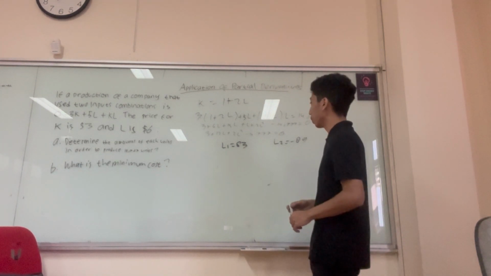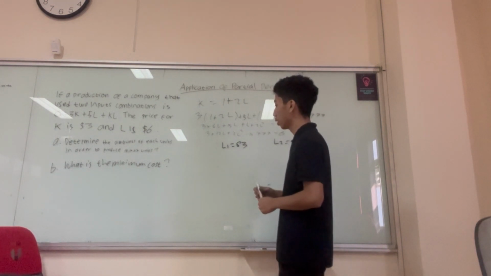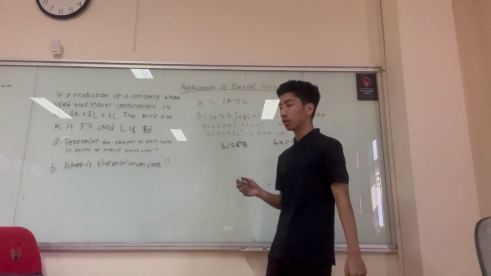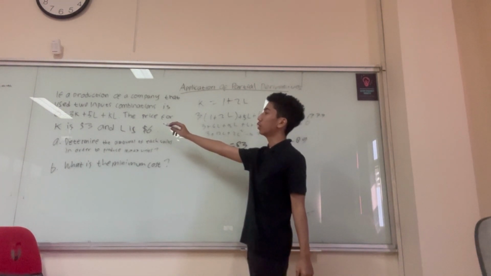Okay, so now that we know the L, now we're going to substitute the L into the optimized function in order to find the K. So we're still going to be using the Q function.